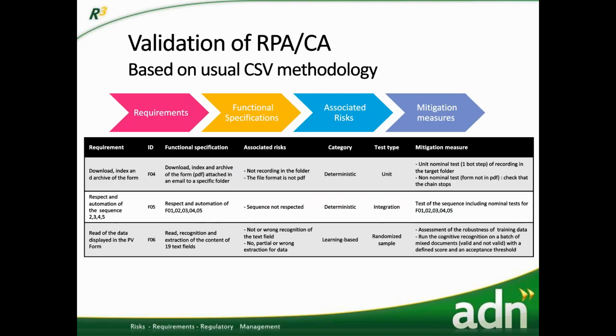The validation itself can use the usual computerized system validation methodology with requirements, functional specification, from which we define associated risk and mitigation measures. This is an example we can see on screen. It's an extract from the table we made for a proof of concept in automation.